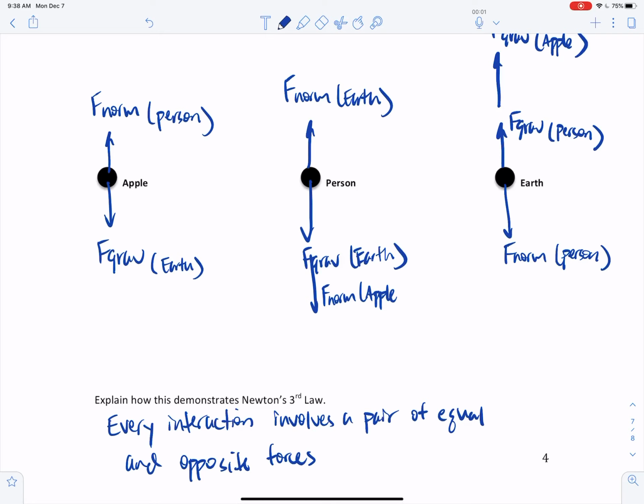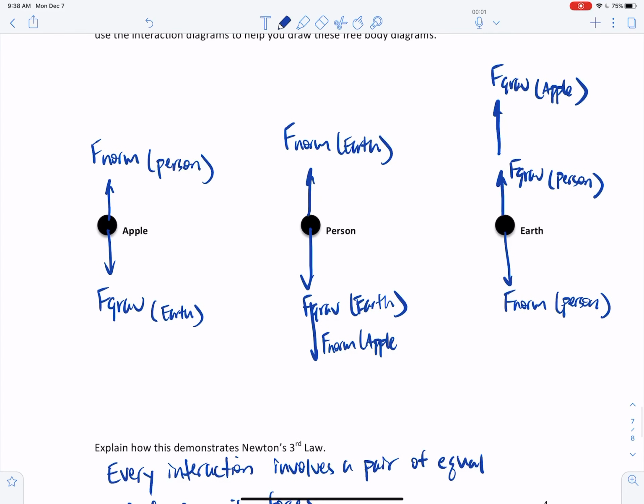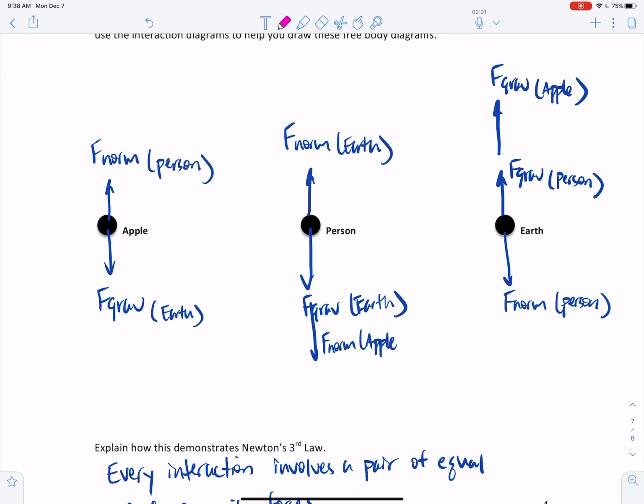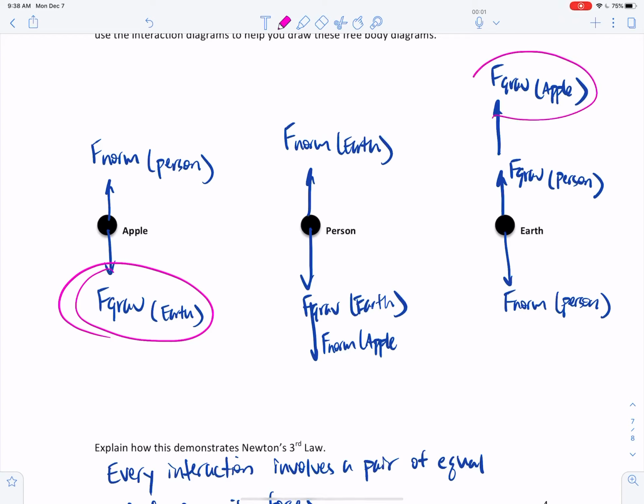It's getting harder to see the pairs, but let's take a look here, right? If I change colors. So this force of gravity on the apple by the earth, where is its pair? It would be the force of gravity on the earth by the apple. So it would be this one. Those are pairs, right? They're equal and opposite.